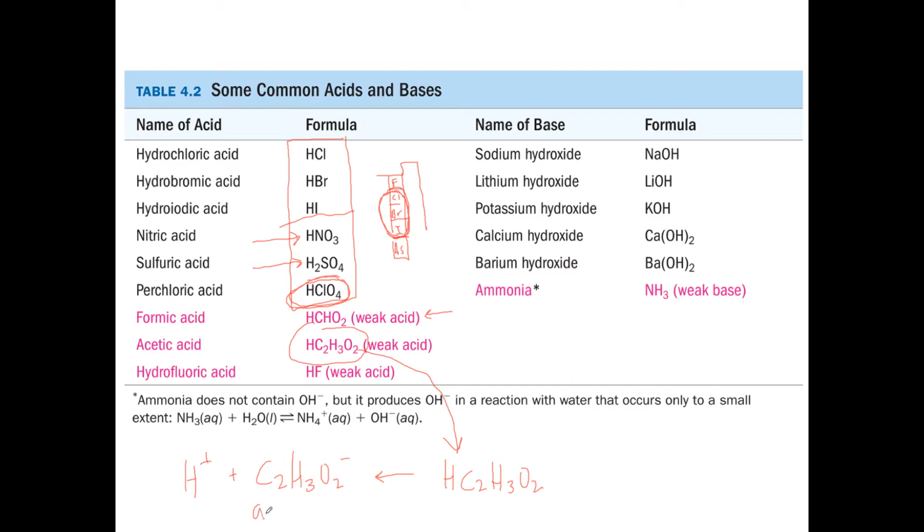This is acetate. This is a hydrogen ion. Do you remember this from section 3.5? Acetic acid, we take the ate and we make it ic acid. Okay. So those are some common acids.